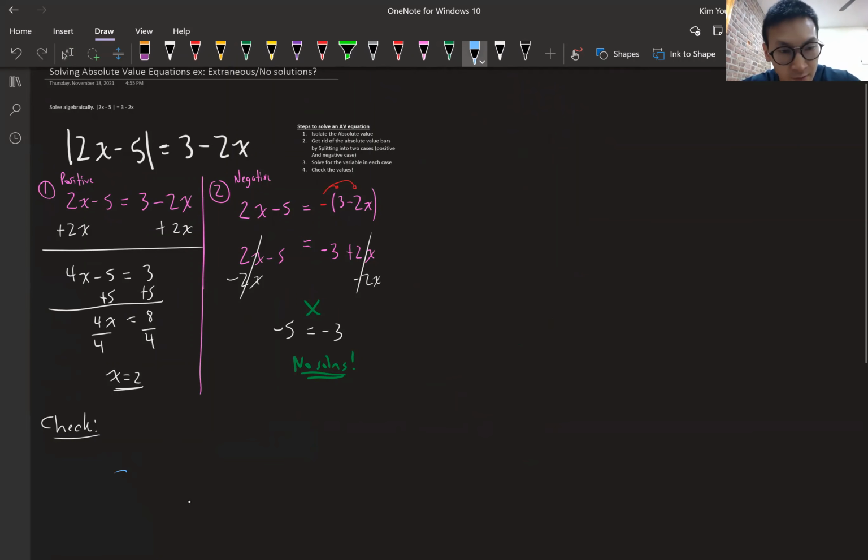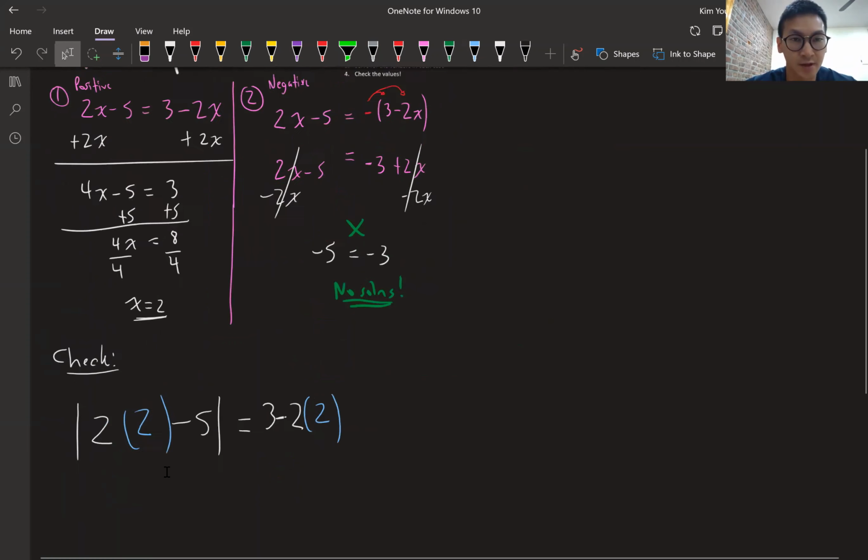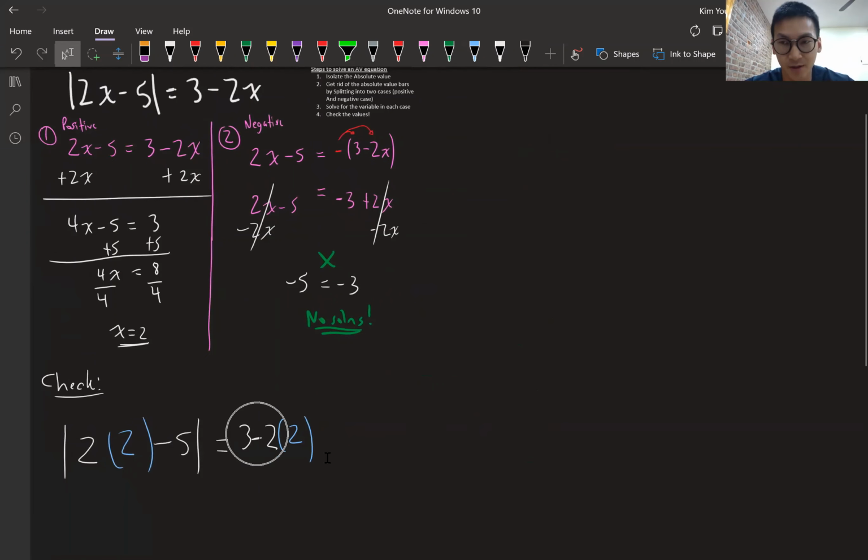Let me write it first to make it easier, and then I'll fill in the rest. So, the absolute value of 2 times 2 minus 5, equals 3 minus 2 times 2. Hopefully you guys can read my potato handwriting. Well, it's not that potato.